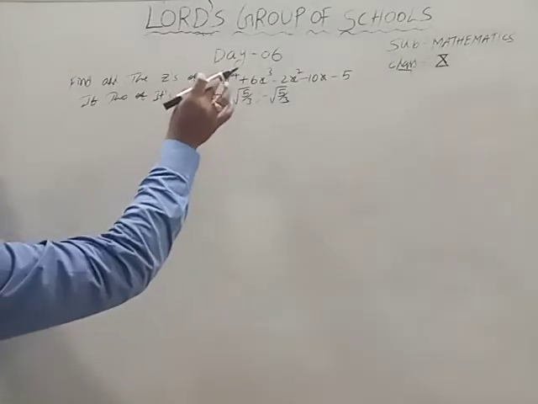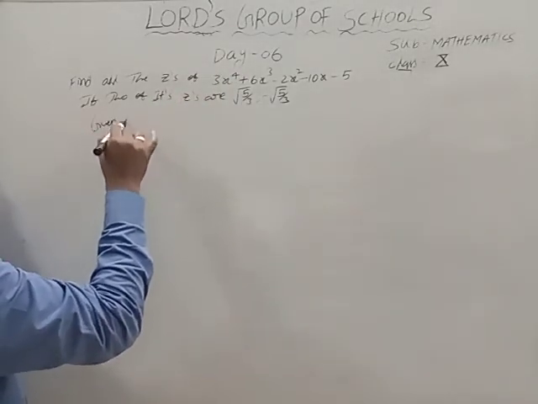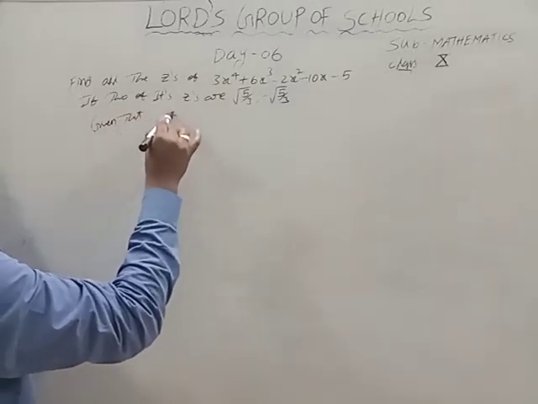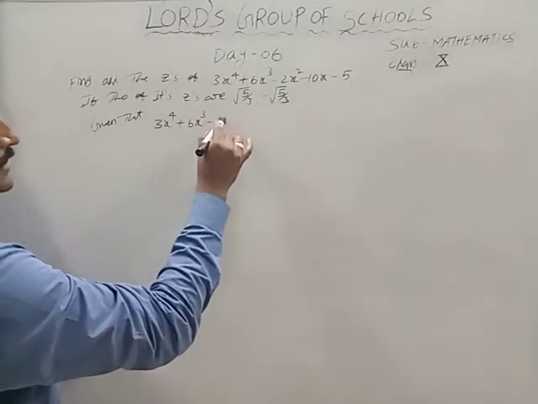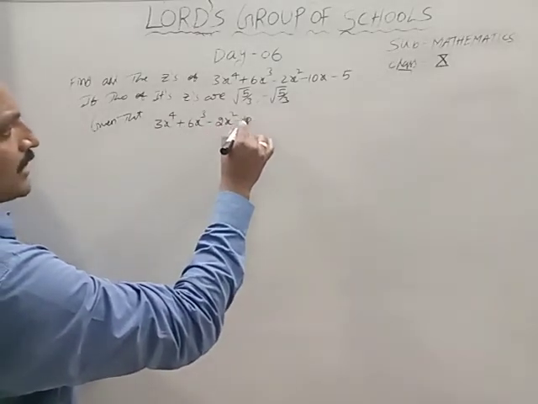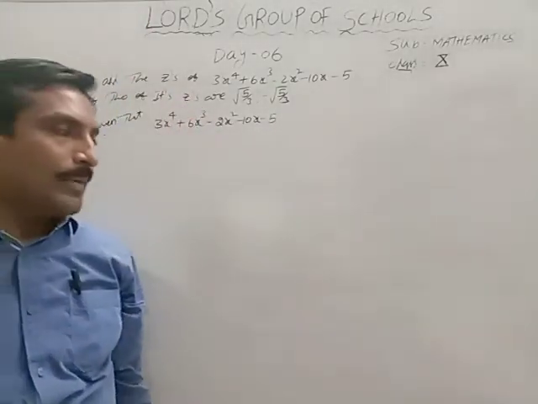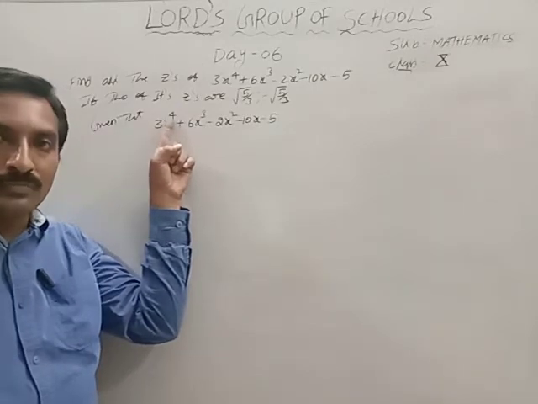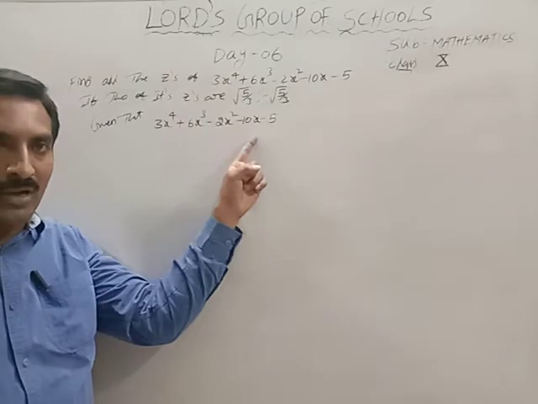First of all, the given polynomial is 3x power 4 plus 6x cube minus 2x square minus 10x minus 5. You have to observe this polynomial. The degree of this polynomial is 4, so this is called a biquadratic polynomial.